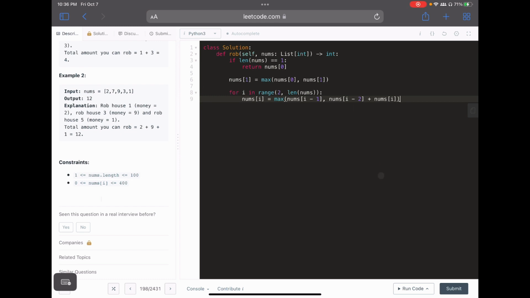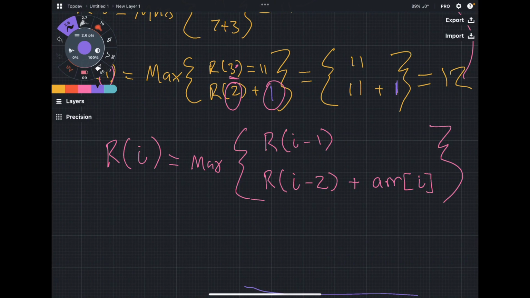And what this is going to do is replace the number in our array at whatever index we're at now. So when we're at index 2, we replace index 2 with whatever that max number is, and when we go to index 3, we replace that number with our new max, and it carries over, kind of like we had here.